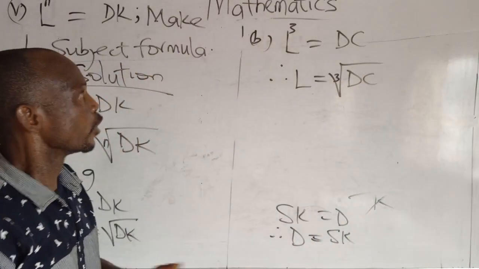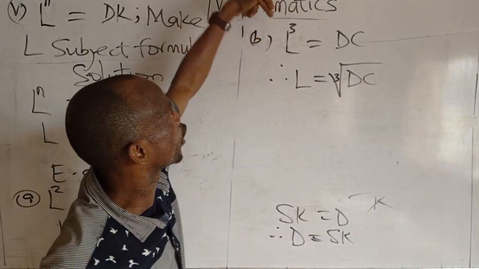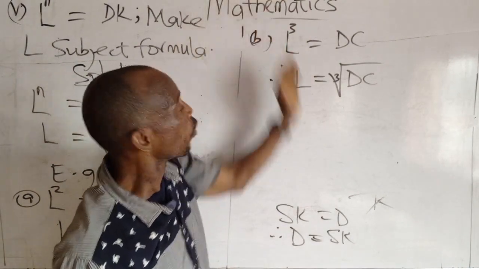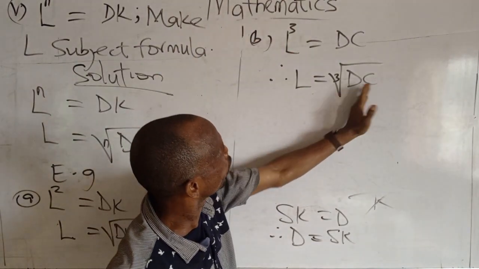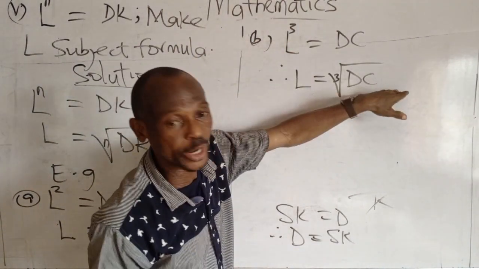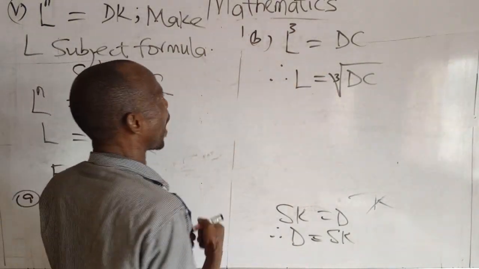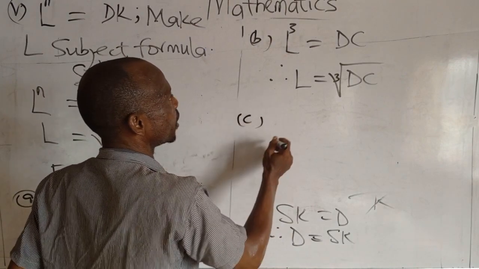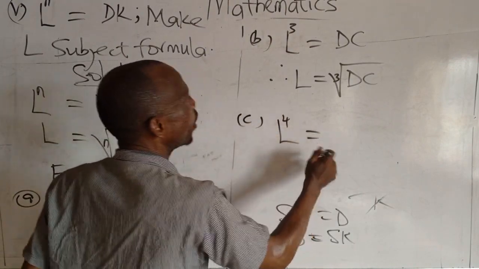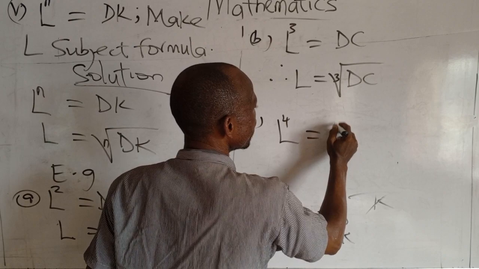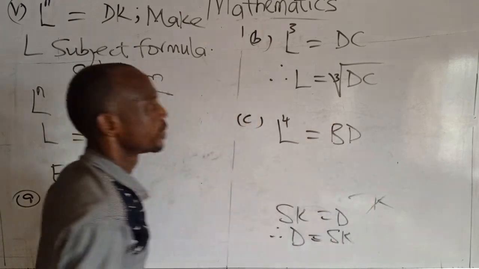So what do you see? You discover that because here is raised to power 3, we find the cube root of the other side. That's what we call the nth root. Let's take another one. Let's say L raised to power 4 is equal to BD.